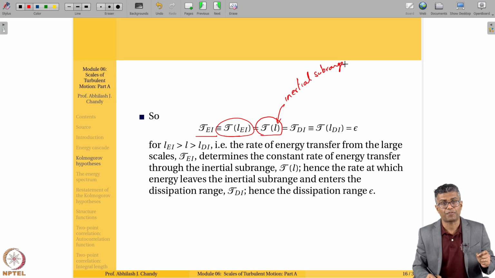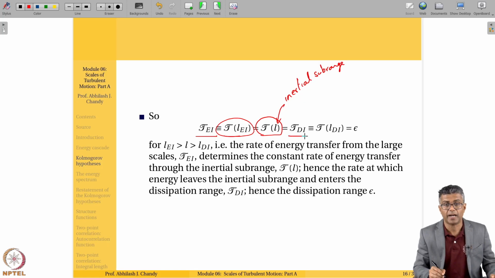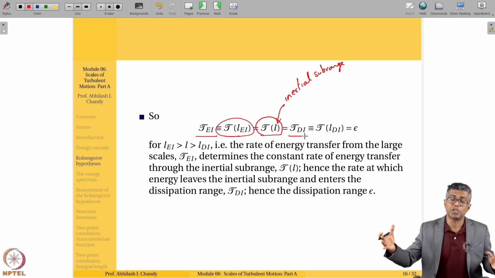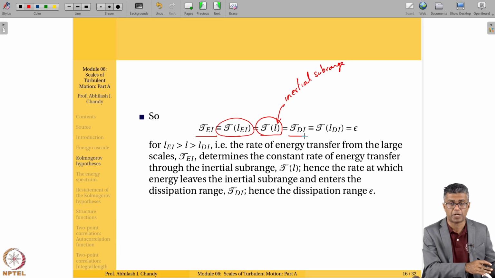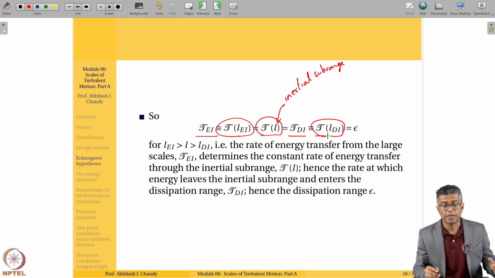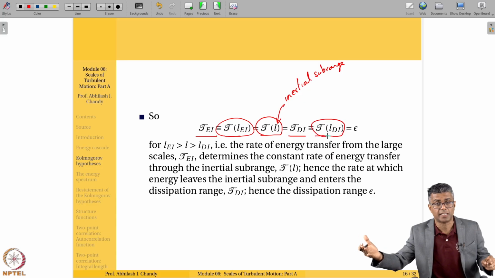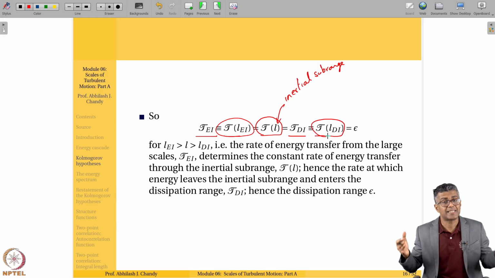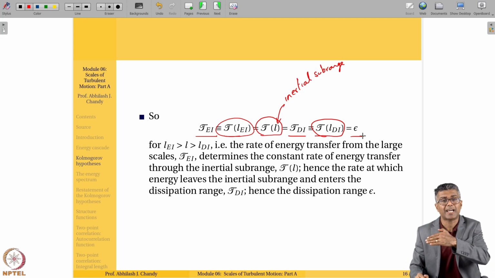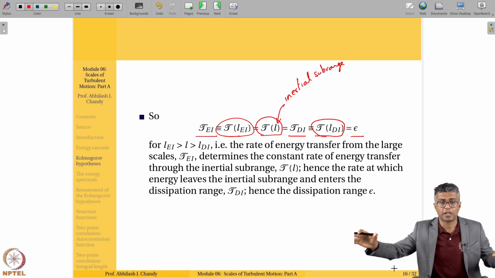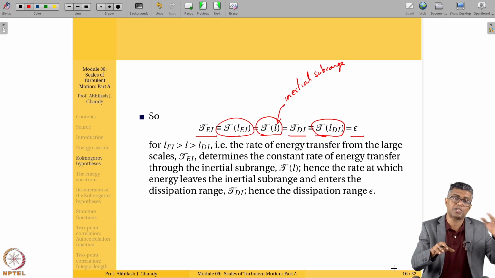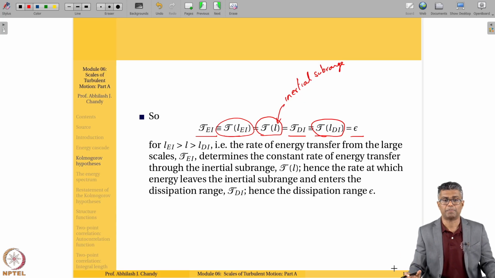And this T of L is the same as T_DI, the rate at which energy is being transferred into the dissipation range, or T of L_DI. That means it is the rate of transfer of energy from scales greater than L_DI, or 60 eta, to scales less than L_DI, which is the same as epsilon. So this entire transfer from the energy containing range to the inertial subrange to the dissipation range is all equal to epsilon.